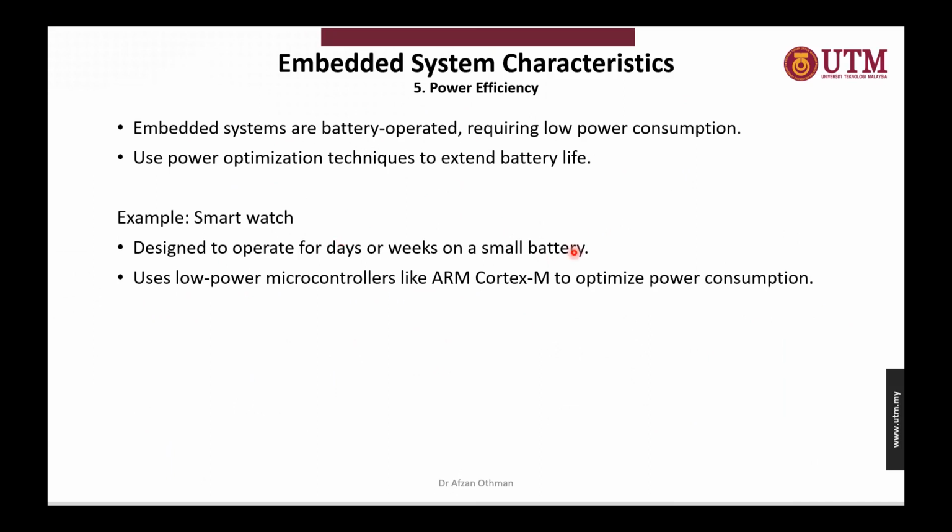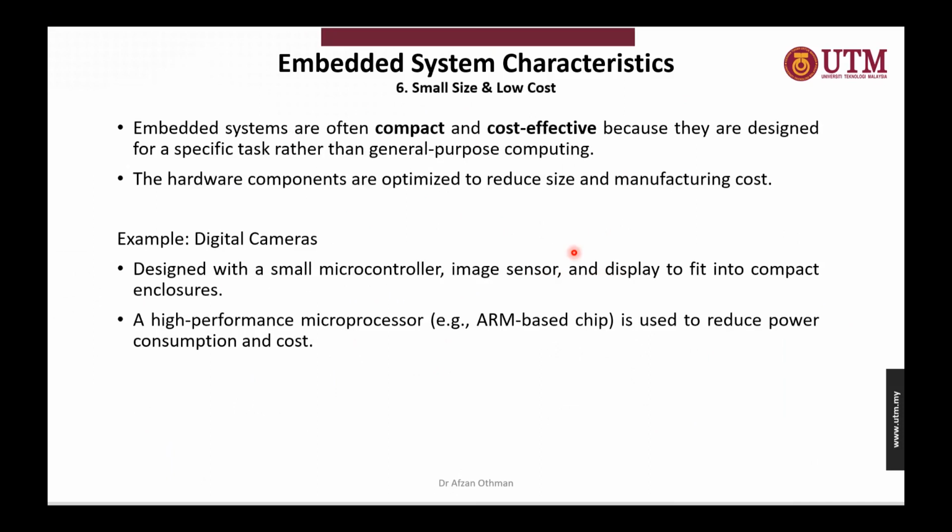Now we're going to look at the last characteristic of an embedded system: it must be compact, small in size, and cost effective. It should have a low cost because it is designed for a specific task rather than general purpose computing.